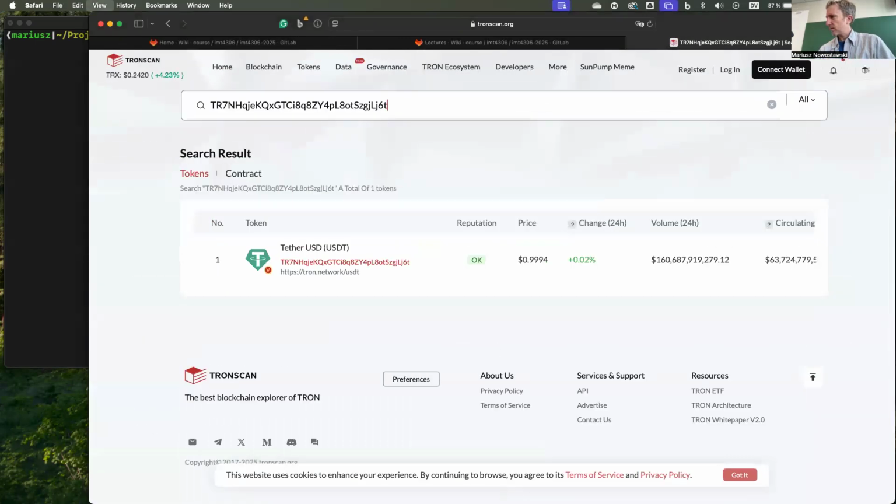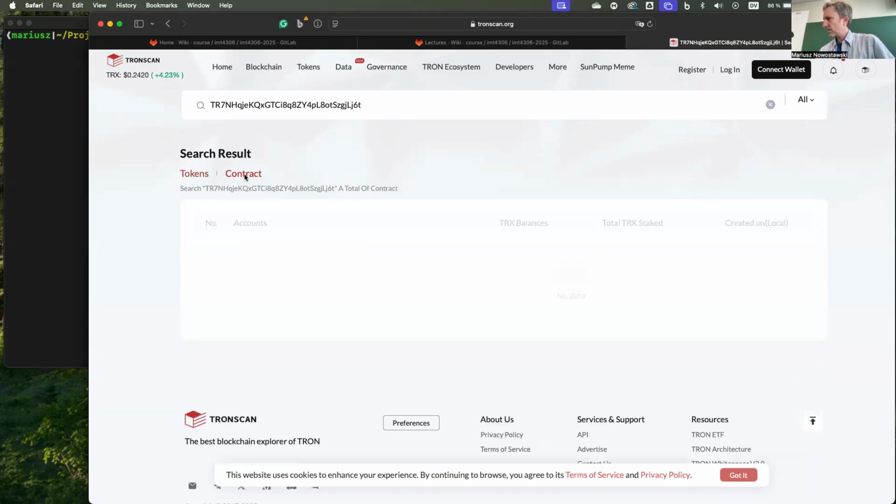All right, so if we go to this token, it says, okay, this address is a token. It's called Tether USD, and it sits here, right? And it's a contract.